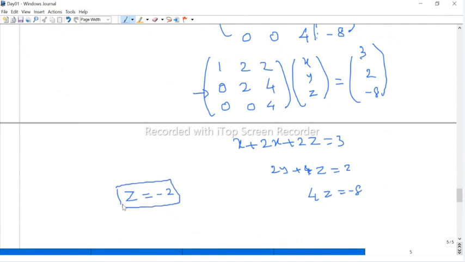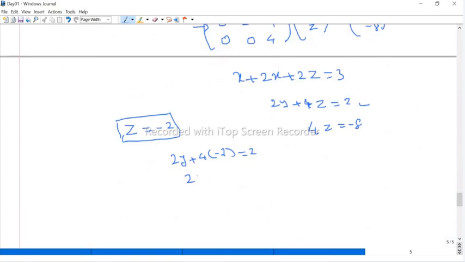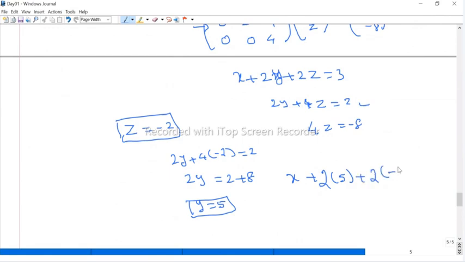This is called back substitution. Once you find the z value, substitute it in the second equation. So 2y plus 4 times minus 2 equal to 2. Therefore 2y equals 2 plus 8, which is 10, so y equals 5. Now substitute the y and z values into the first equation: x plus 2 times 5, plus 2 times minus 2, equal to 3.